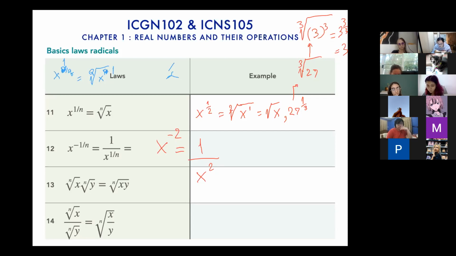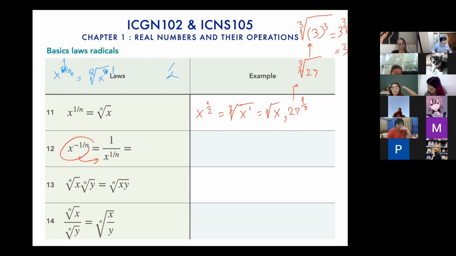Here it's the same, but instead of having an integer as the power, we have a fraction. So x to the power of negative 1 over n equals 1 over x to the power of 1 over n. We just move this value to be the divisor and we remove the negative symbol.